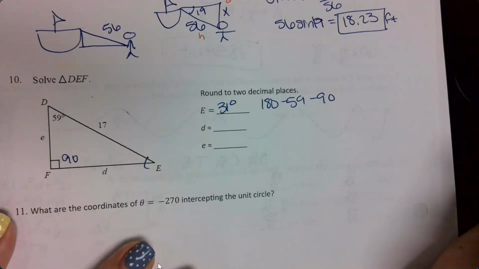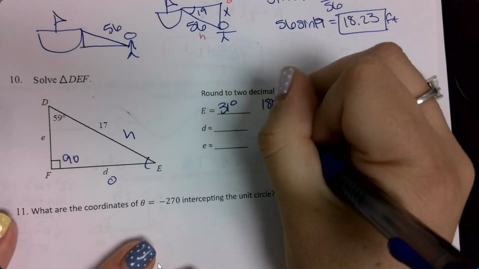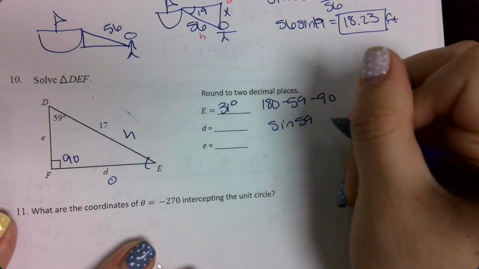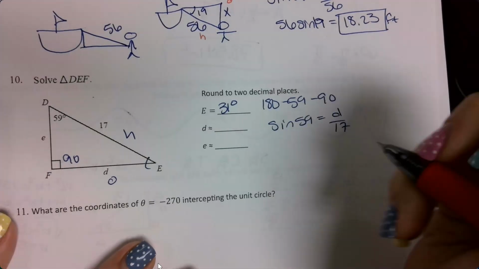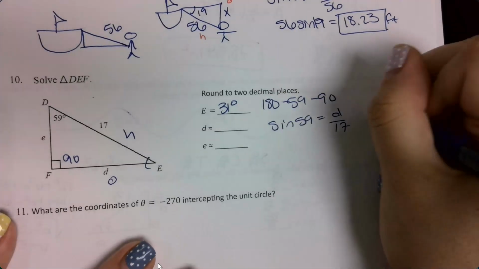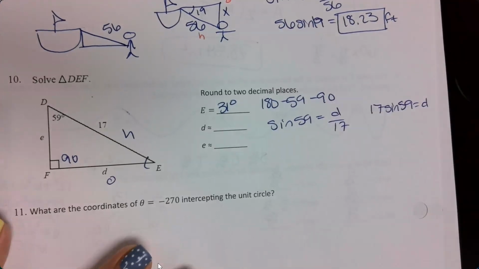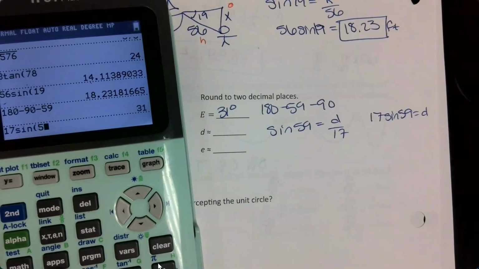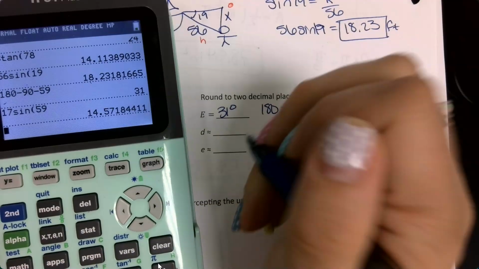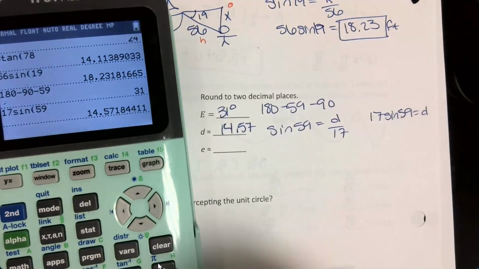Then to find D, this is my opposite. I know my hypotenuse, so I'm going to do sine of 59 equals D over 17. Then I multiply both sides by 17, so I have 17 sine 59 equals D, which gets me 14.57.